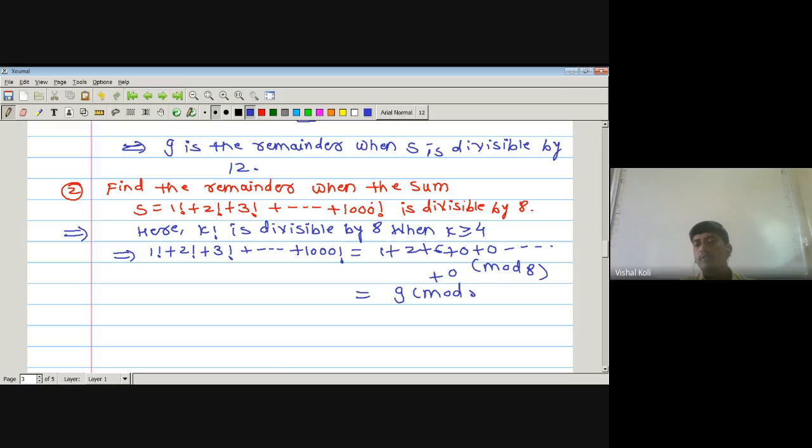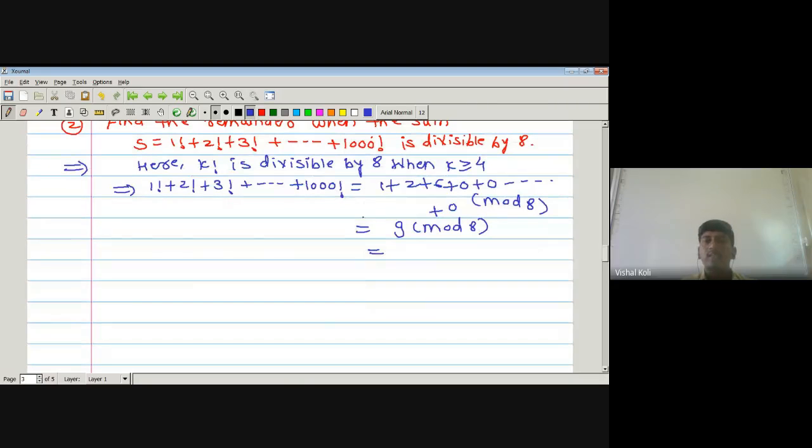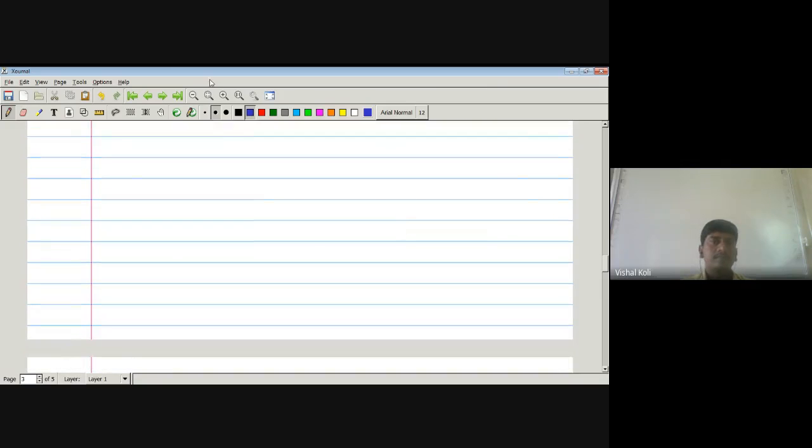But what should be the value of 9 over modulo 8? That is 1. If 9 is divided by 8, then the remainder is 1. So the sum is congruent to 1 modulo 8. Then what should be the remainder? 1 is the remainder.